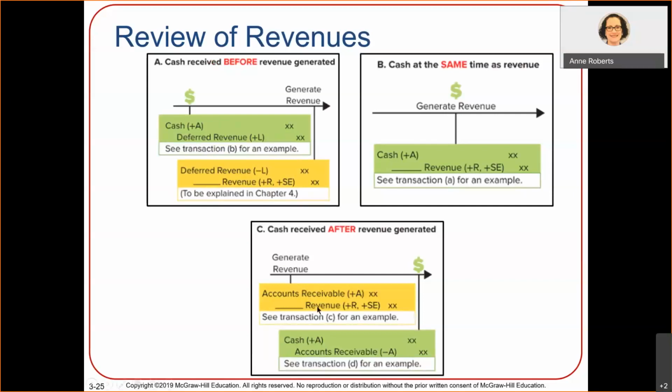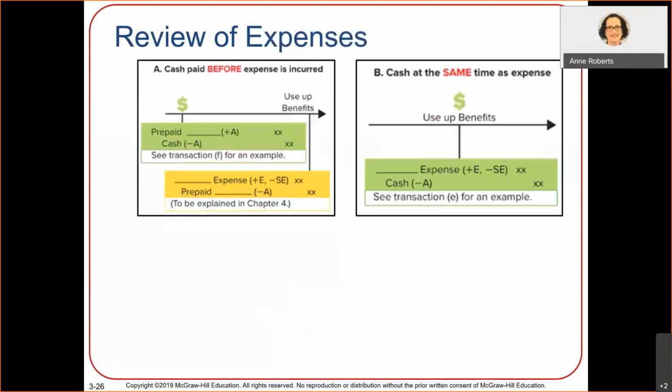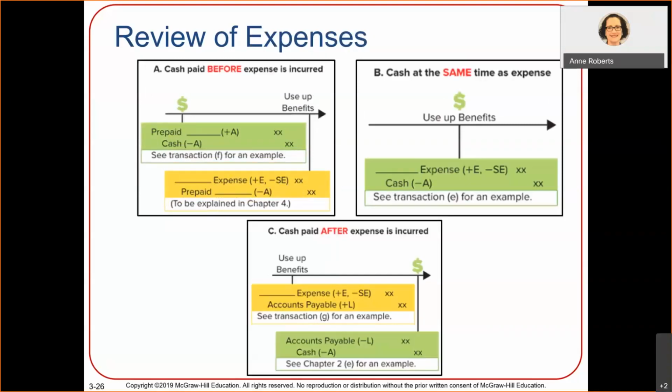And they are going to expect you to understand, like, doctor provides service, so that's going to be service revenue. Sold a product, that's going to be sales revenue. So the context of the question is going to help you determine which is which.